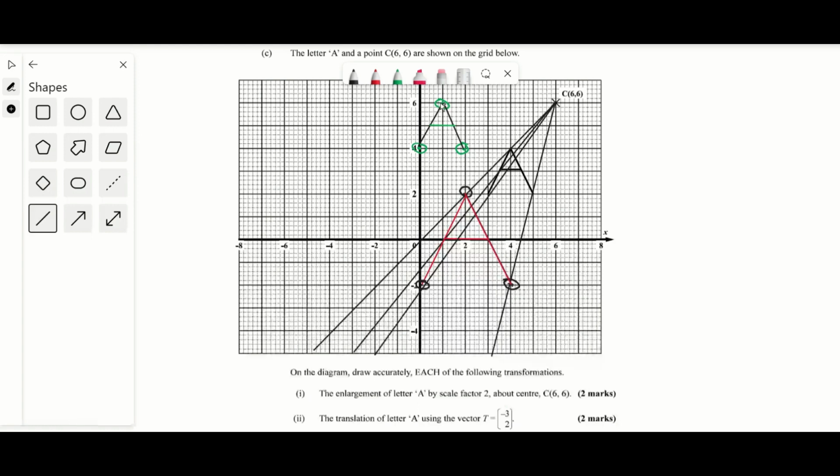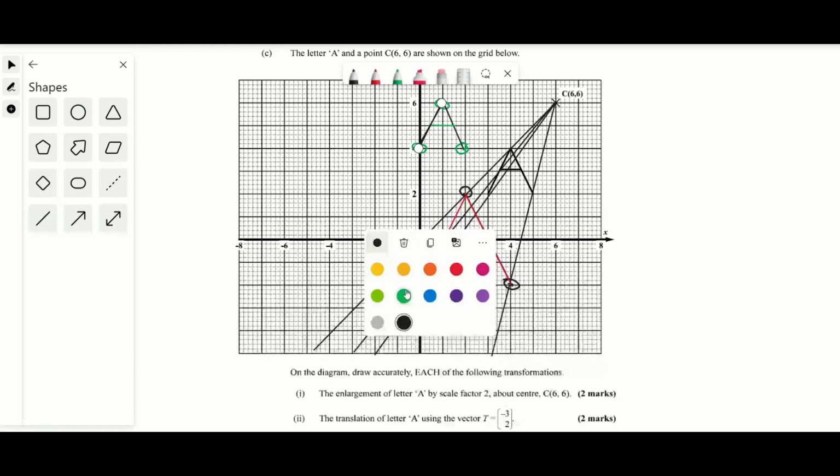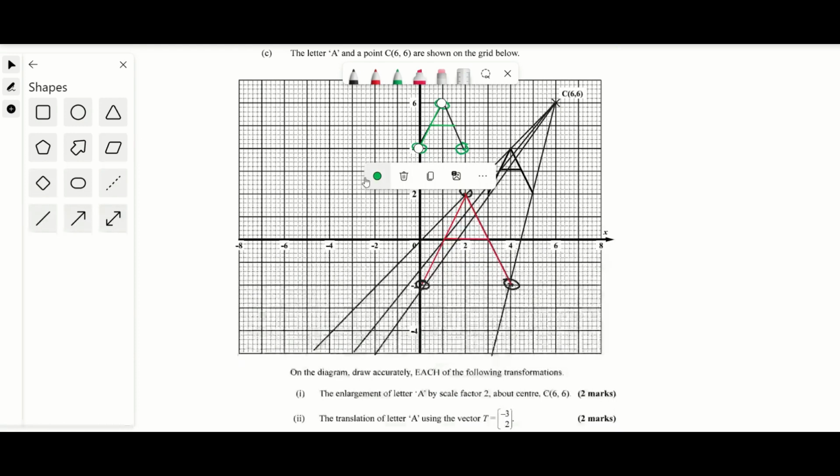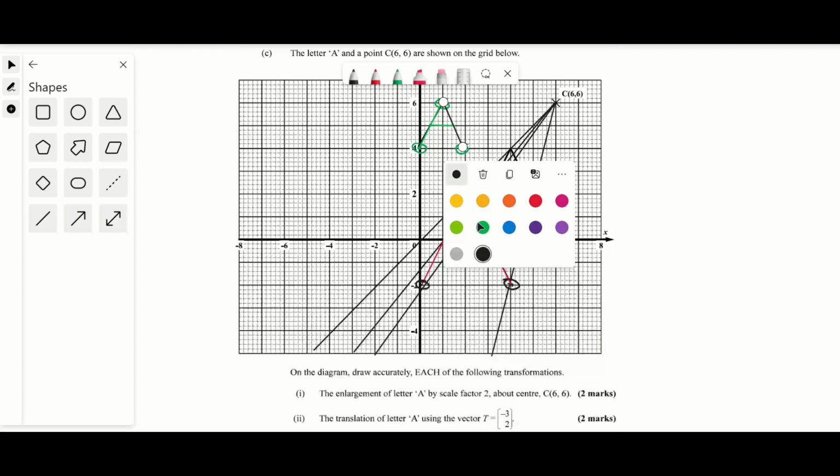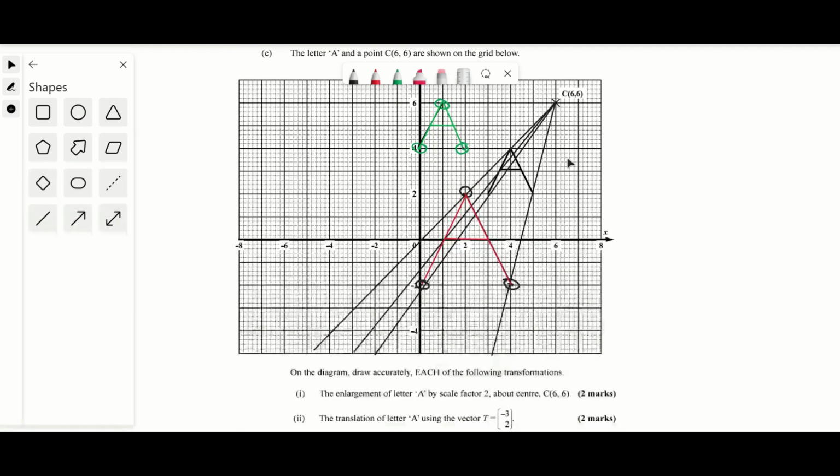I'll put the rest in green, in green here, and then the next line here in green. And that is how your translation for A is going to look.